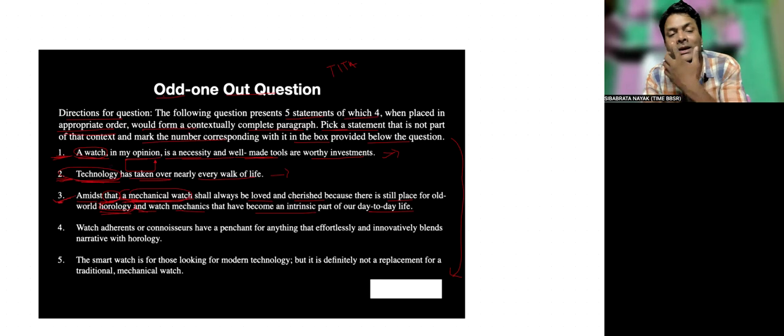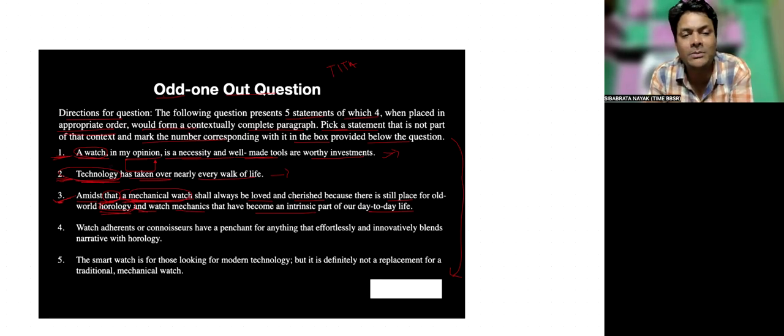Now, in that case, we understood that the first one is indicating an opinion, the second one is indicating a general statement, and the third one is a specific statement. Now, look at the fourth one.